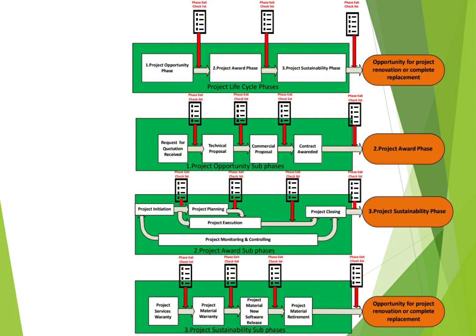So for example, sometimes the product warranty may go to 5, 6, 7, 8, 10 years, but the service warranty, where you need to rectify any snags coming from the site, maybe it will be 1 year, other companies give 2 years. So you need to know your warranty clause, so that you can issue the necessary certificates to your customer.